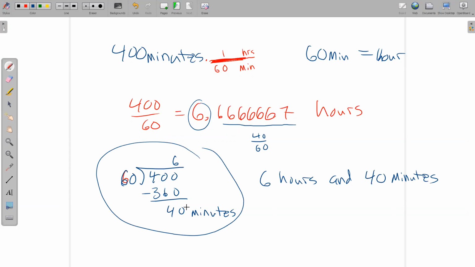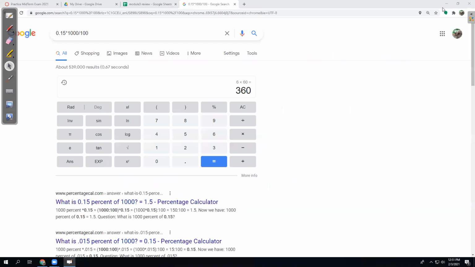Whipping out long division to figure out the remainder is one way to come up with the number of minutes. Here's another cute way to do it. On my calculator, I had 400 divided by 60, and then I had this decimal I wasn't sure what to do with. But the cool thing is I know that 6 is the 6 hours, so I'm just going to get rid of it, minus that 6.